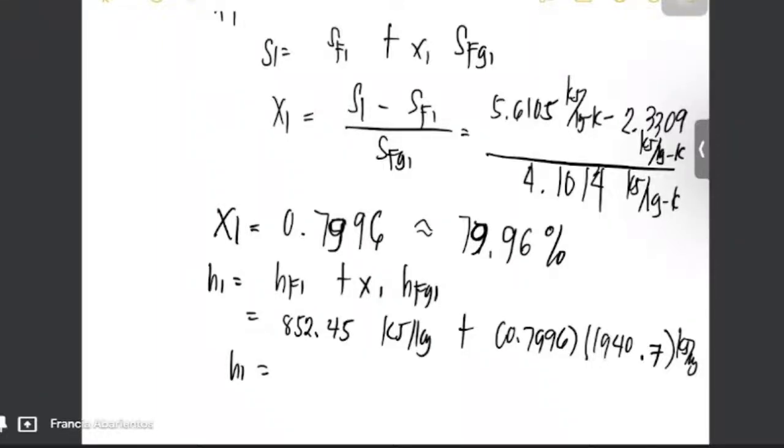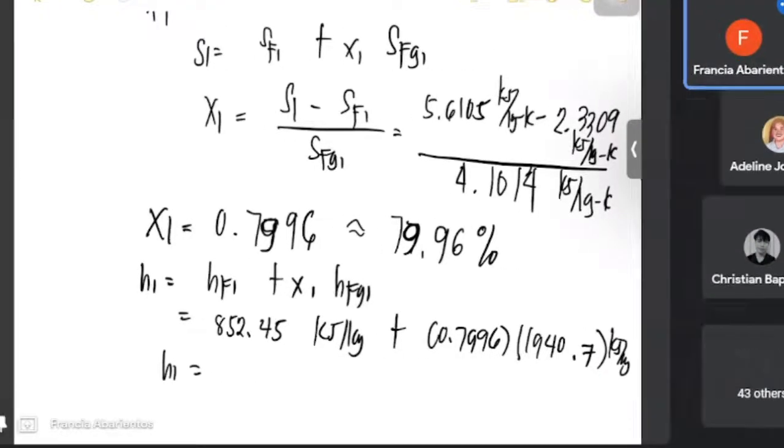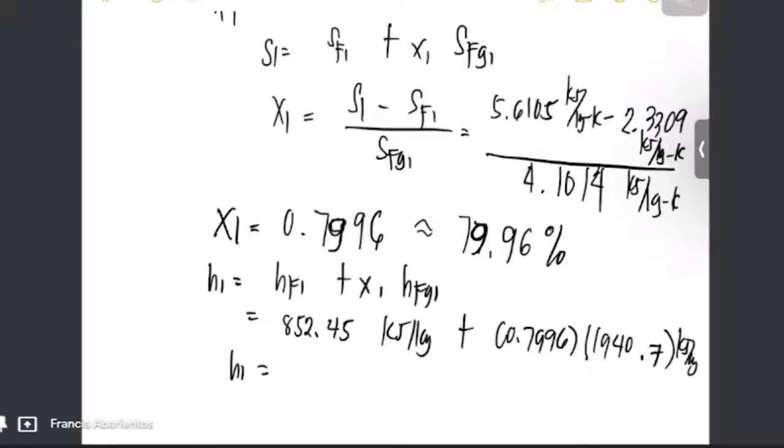Yung iba? Dalawa pa lang. Okay. So, nasusundan ba si ma'am? Nasusundan? Baka hindi niyo ako nasusundan. Kukulitin ko kayo, class. Okay. So, we have now the enthalpy at 0.1.